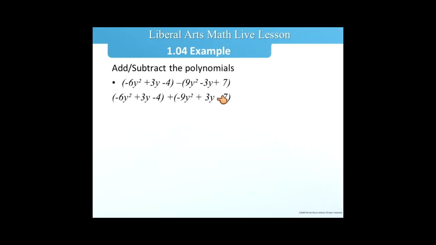Now we can use the rules for addition, combining the like terms. The y squareds, the y's, and then the two numbers. So the negative 6y squared minus 9y squared plus 3y plus 3y minus 4 minus 7.